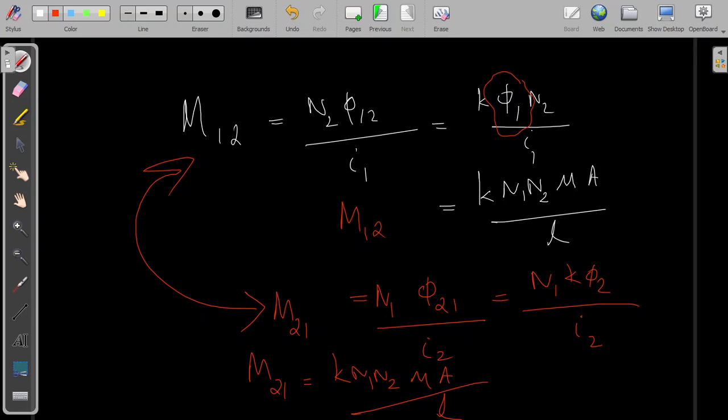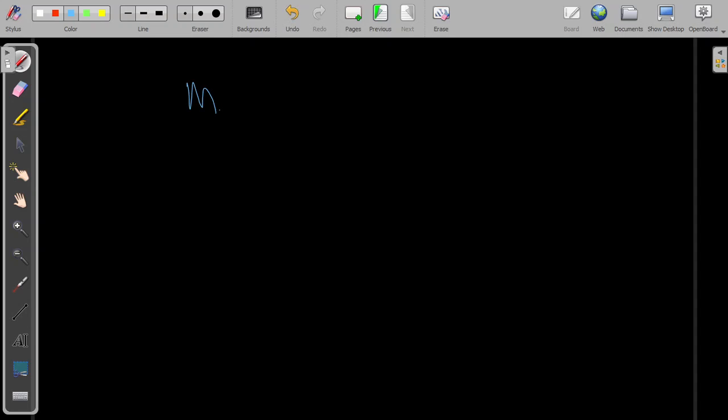Then we are going to multiply this M12 and M21, that means M12 into M21, that's equal to M square, because M12 equals M21.